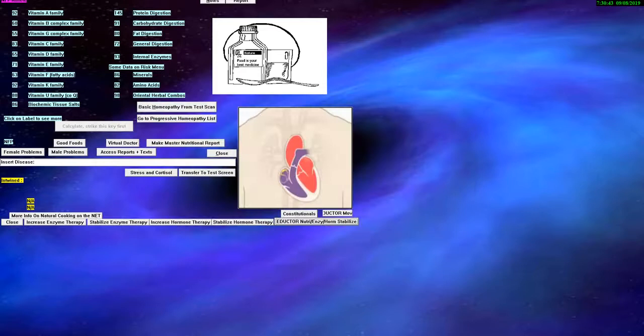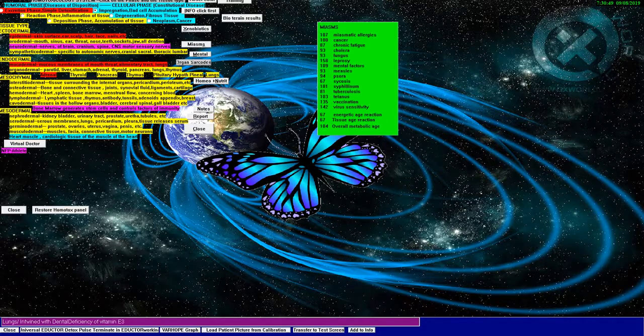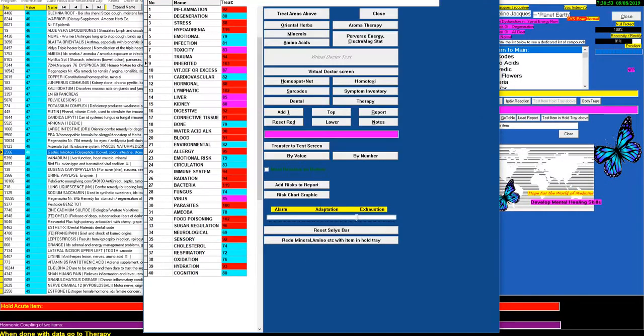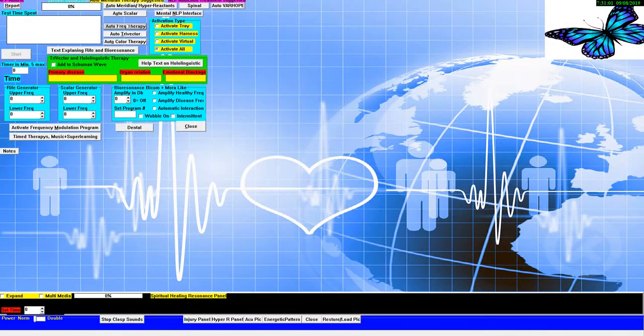And what I would like to show you is some of the therapies that will really have an effect on all those measures that we had. Okay, so this is mainly all those therapies. This is a therapy panel, and we have the meridian therapy, the scalar therapies.